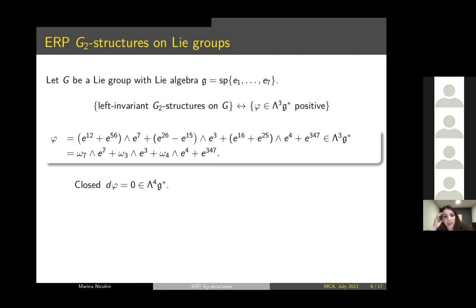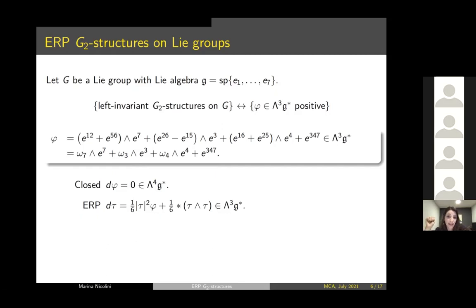This condition is that the exterior derivative of phi equals 0, but this is a 4-form on the Lie algebra. And the ERP condition is the same equation, but now referring to the 3-form on the Lie algebra.